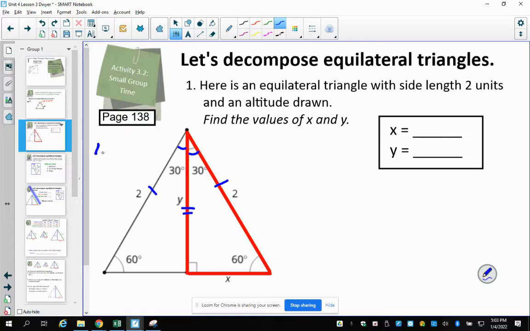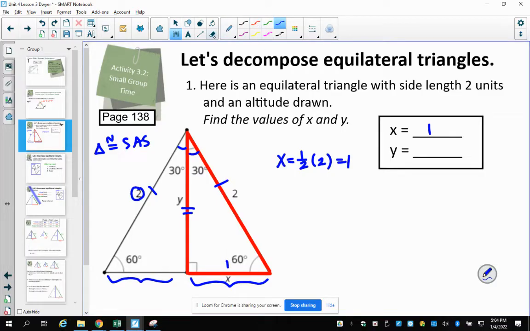Okay, they are congruent triangles by side, angle, side. So what that does for us is tells us that this piece is the same as this piece. And we know the total of this side length is 2, just like the other sides. So x needs to be half of 2. Half of 2, 1. Okay, so we know that this piece down here is 1.